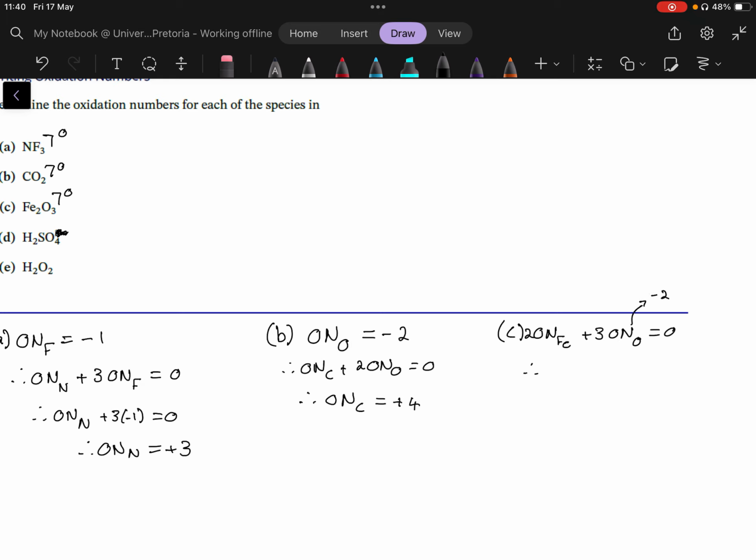So 2x plus 3 times -2 gives us the oxidation number of Fe equal to +3. All right, then we can also say the oxidation number of oxygen is equal to -2.